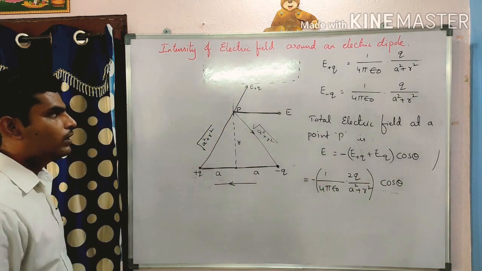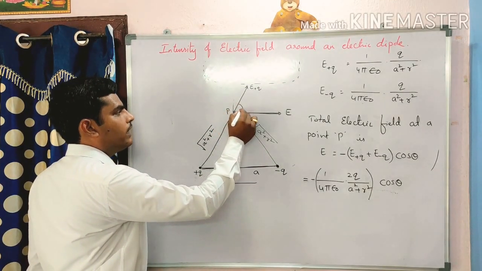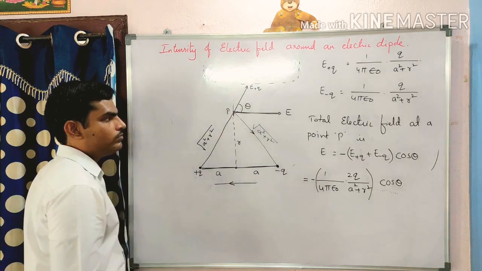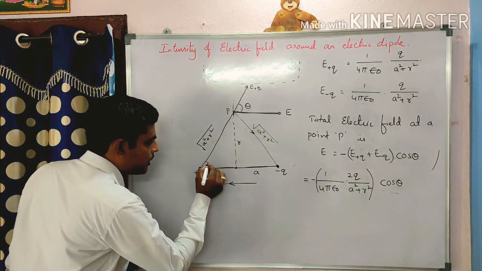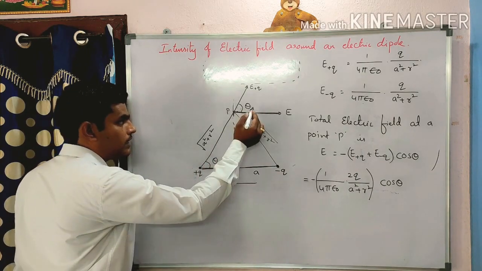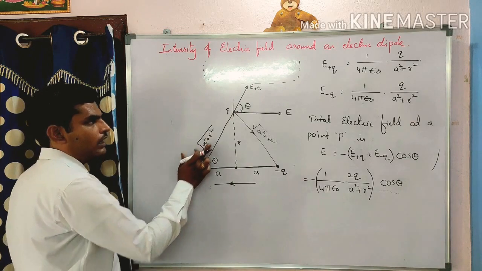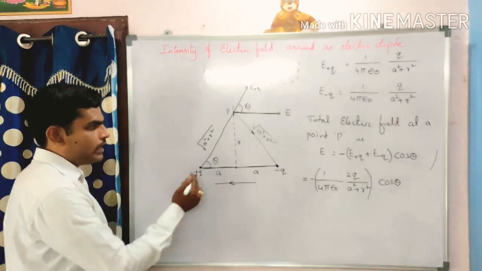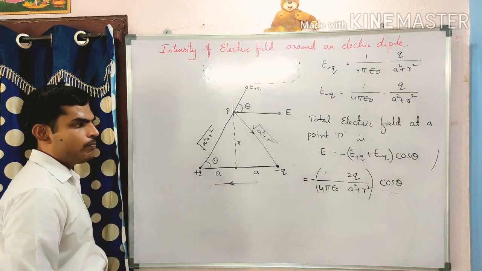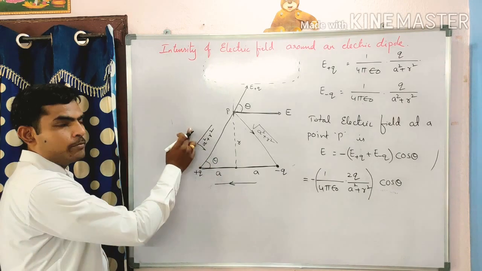Now we have to find the value of cos theta. What is the theta here? This is the point P, and this is the angle theta, and this angle theta is similar to this one, the same lines, so we get angle theta here also. What is the value of cos theta? Adjacent side by hypotenuse.